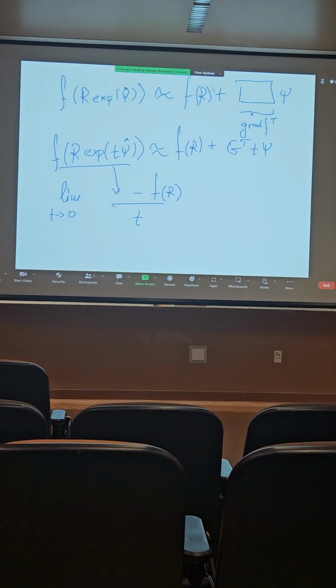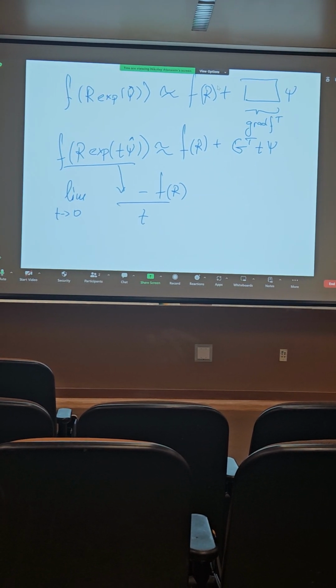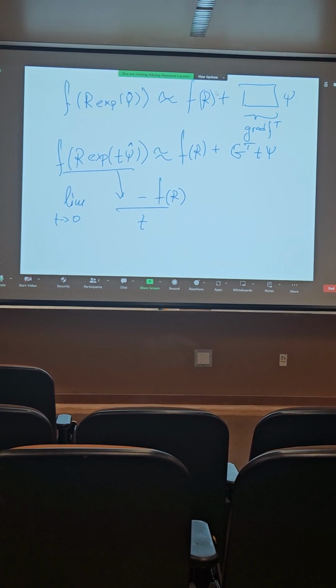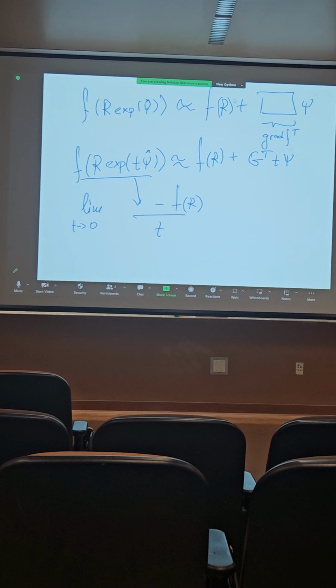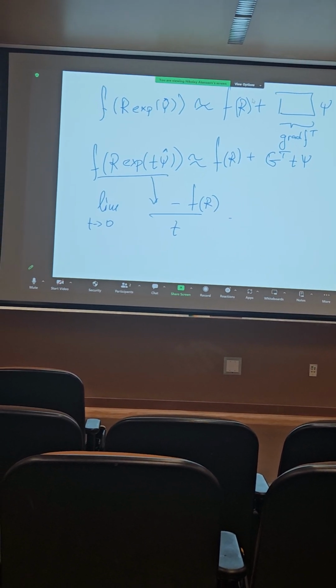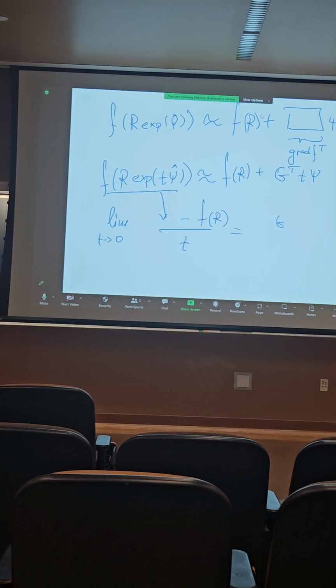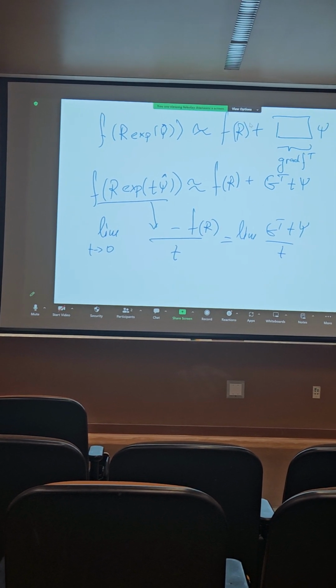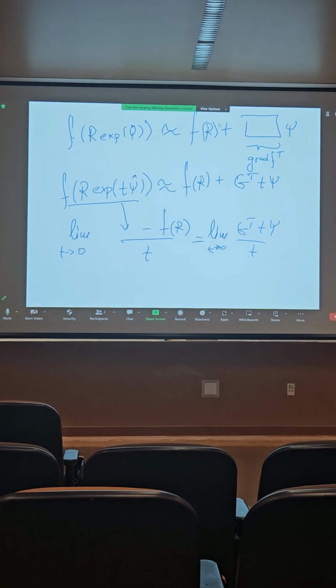I guess something is off here. We're going to get g transpose t psi over t, and the limit is equal to 0.